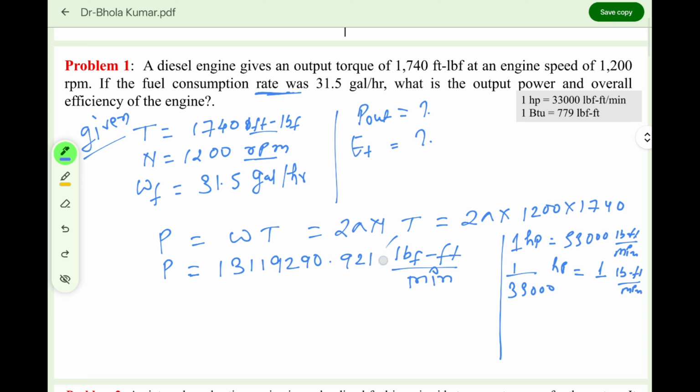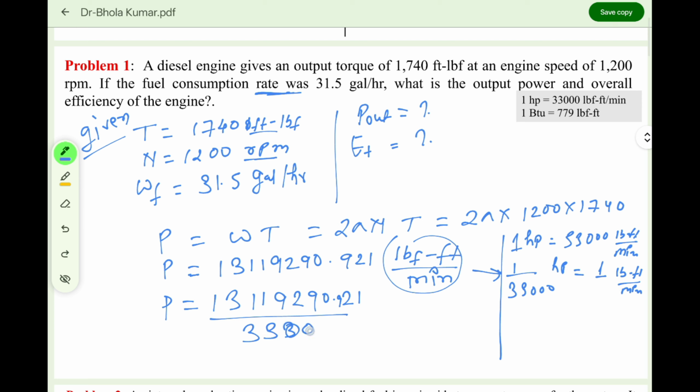So in place of this we can write this. In terms of this we will get 1311990.92 divided by 33000 is equal to horsepower, right?